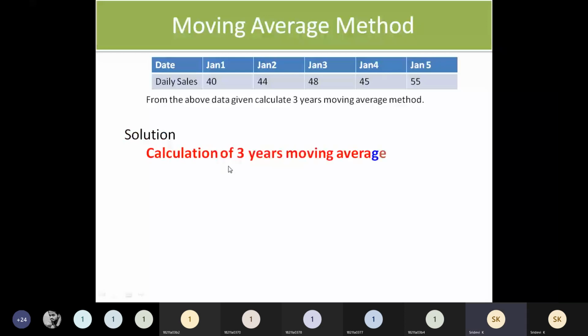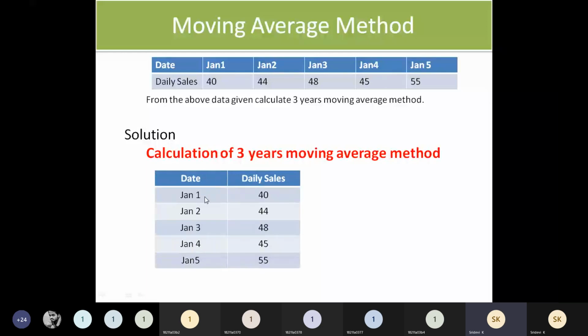So how to do this? How to move on, and how to find out the averages by moving? That I will show you. For the 3 days moving average, I am going to take the average of 3 days values. You know how to take the average. You sum up the daily sales and divide it by 3 if you take 3 days.